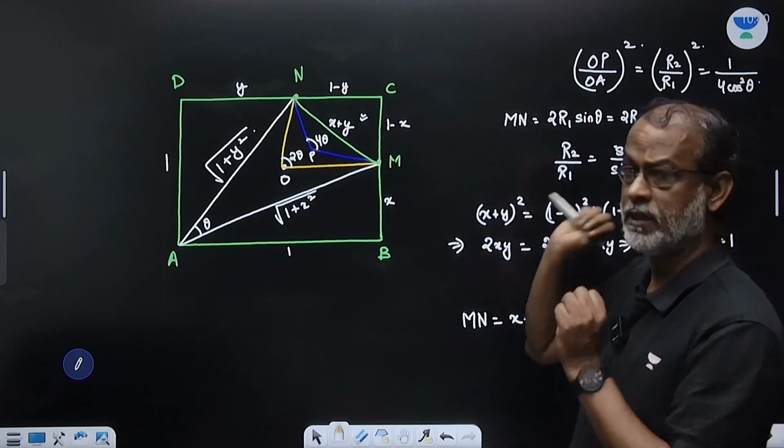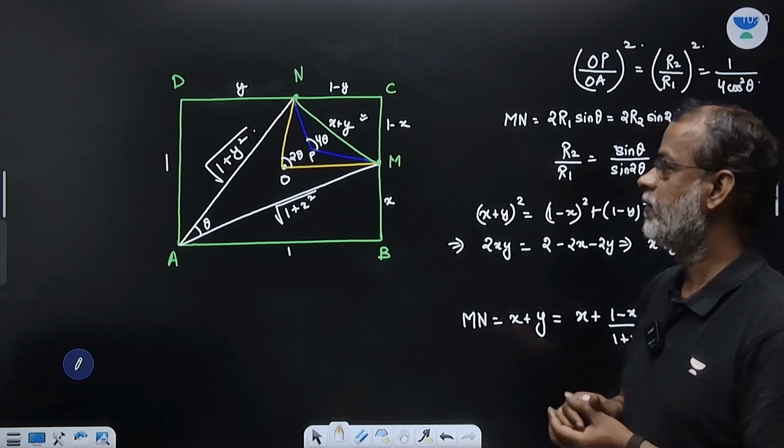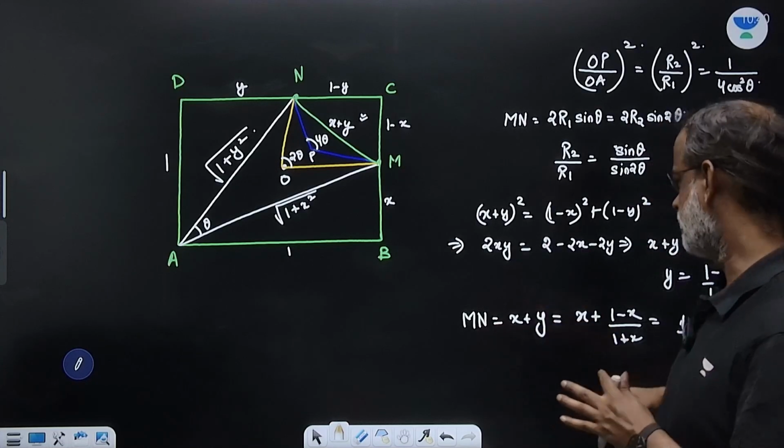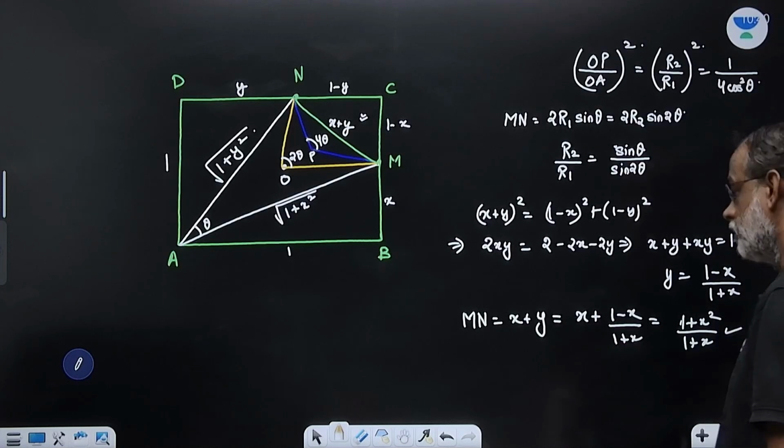Let us put this. Once we have started now, we should not change the course in between. So cos theta, let us write it next.